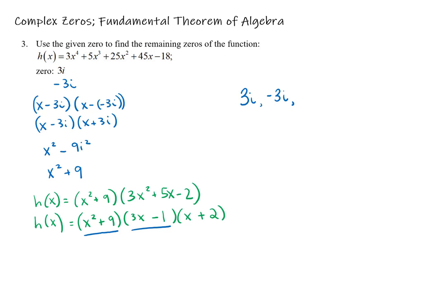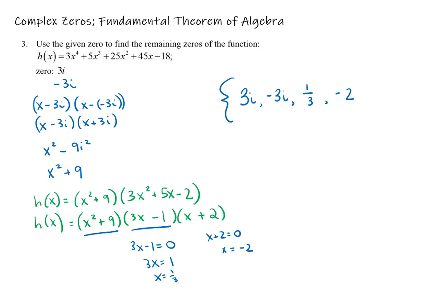Then based off of 3x minus 1 as one of our factors, you can set it equal to 0. And so you get 3x is equal to 1, or x is equal to 1/3. So one of our zeros is 1/3. And then we have the x plus 2 gives us the real zero of negative 2.